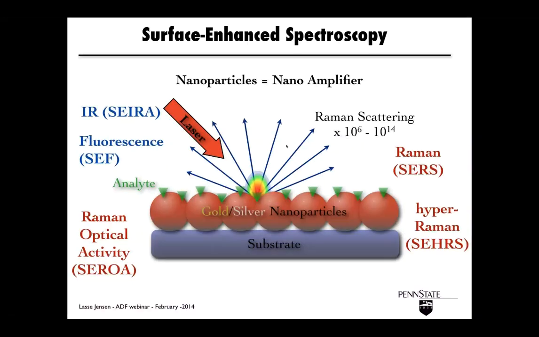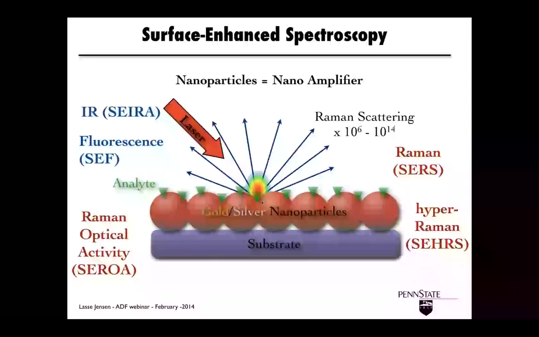The main interest is that you can have this million-fold type enhancement, all the way up to 10 to the 14, depending on how you actually count your numbers. So in the limit we can do single molecule detection using Raman scattering, which means SERS gives you the ability to actually detect a single molecule and identify it.